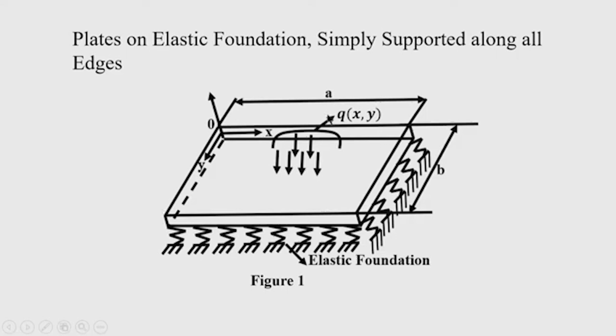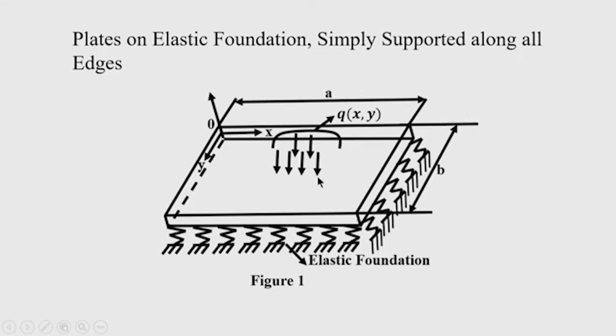So many cases may arise, and it is resting on the soil subgrade or elastic subgrade, that is we call the elastic foundation, which is modeled as a spring, that is called the Winkler foundation model.